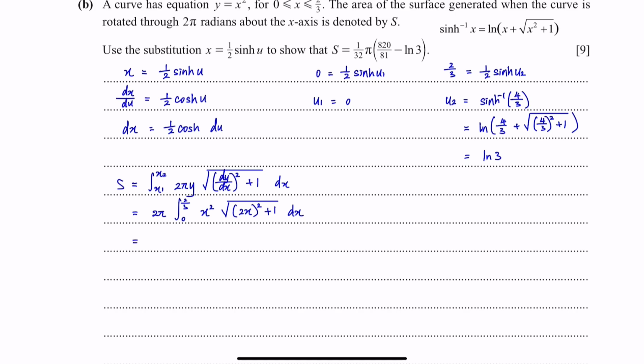So we can start substituting x as half sine u. So 2 pi integration, u1 is 0, u2 is ln 3. x squared would be half sine u squared, and 2x is sine u, but there's a square here, so square root of sine squared u plus 1.